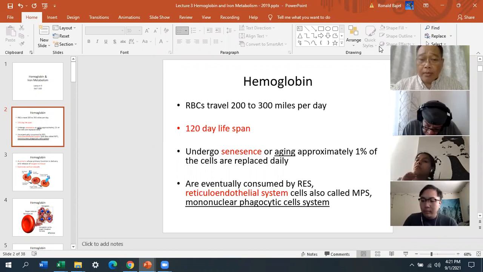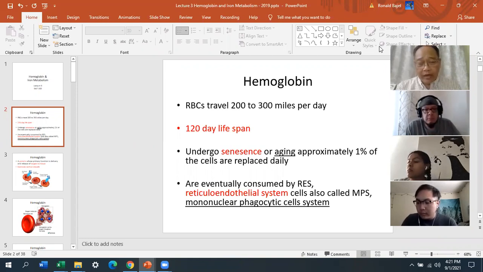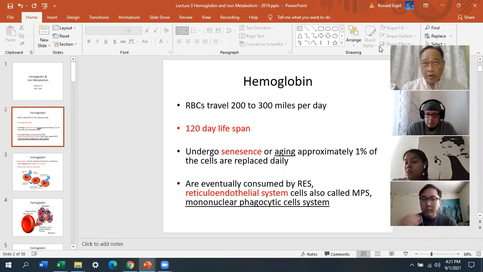Okay. After approximately 120 days, the red blood cell undergoes senescence, or aging. It's going to start cell death. And at that point, approximately 1% of the cells are replaced. They're replaced by cells coming from, where are the new cells coming from? Bone marrow. From the bone marrow.